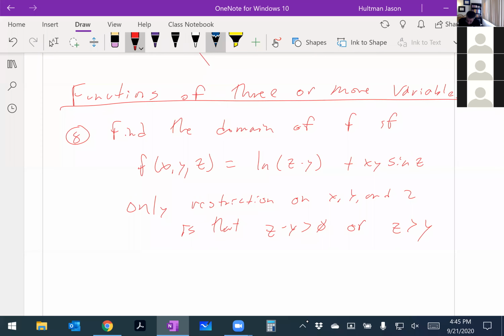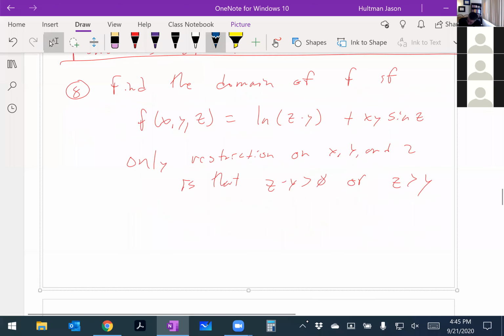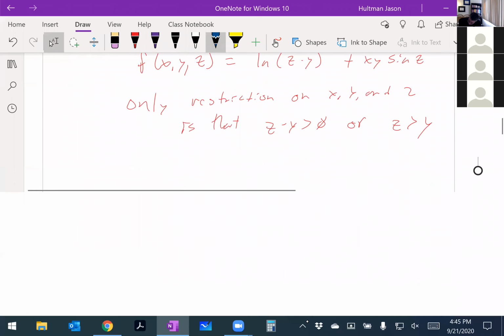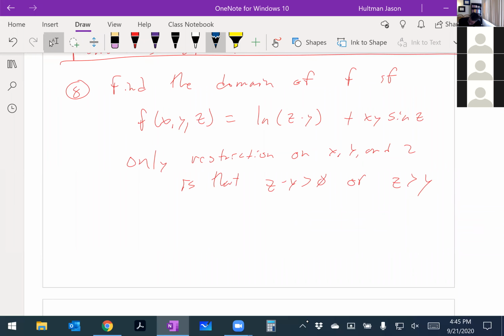So the way that we write that is we would say that z is greater than y, and this wouldn't be a line, this would be a plane.